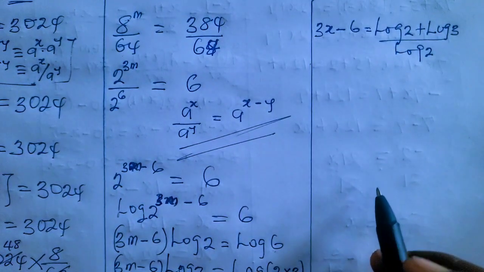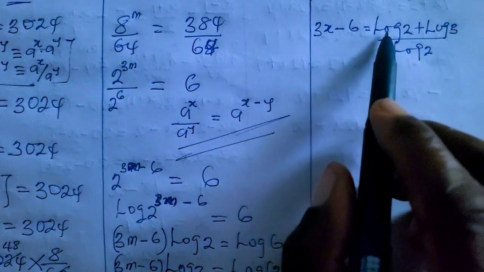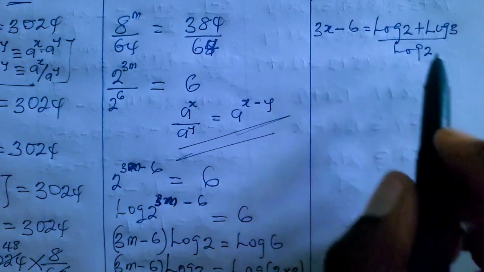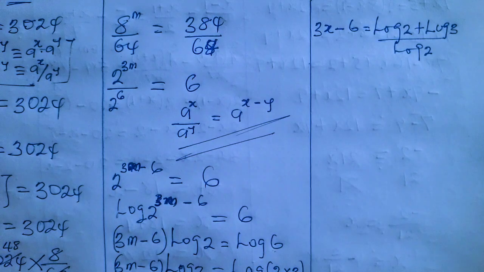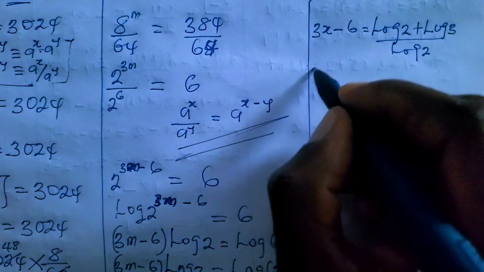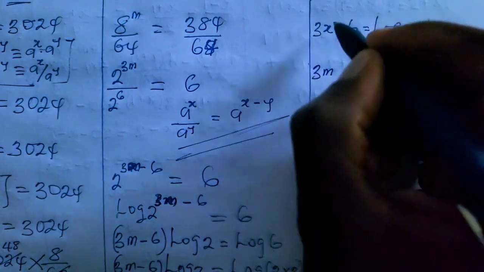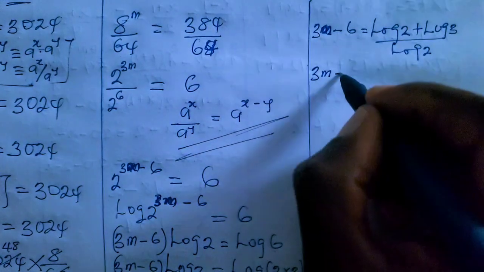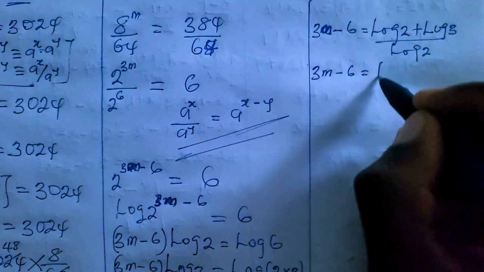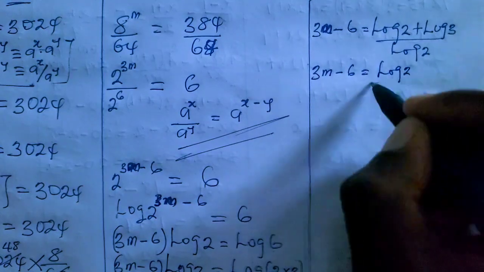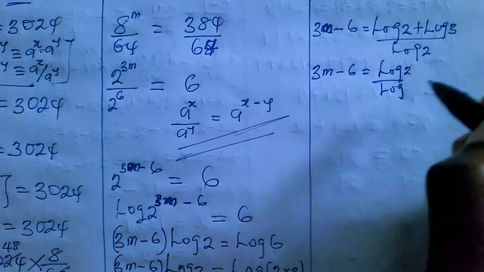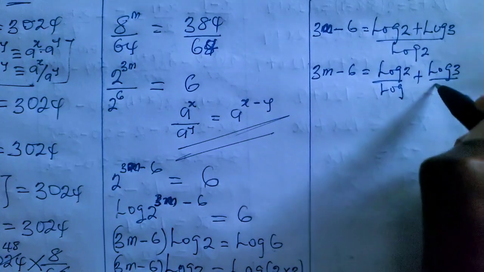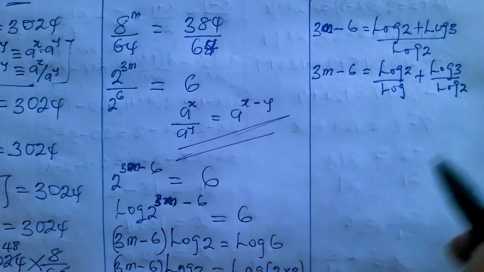Right here, I'm going to distribute the numerator by this value in the denominator. That is, I'm going to have 3m minus 6 equals log 2 all over log 2 plus log 3 all over log 2.